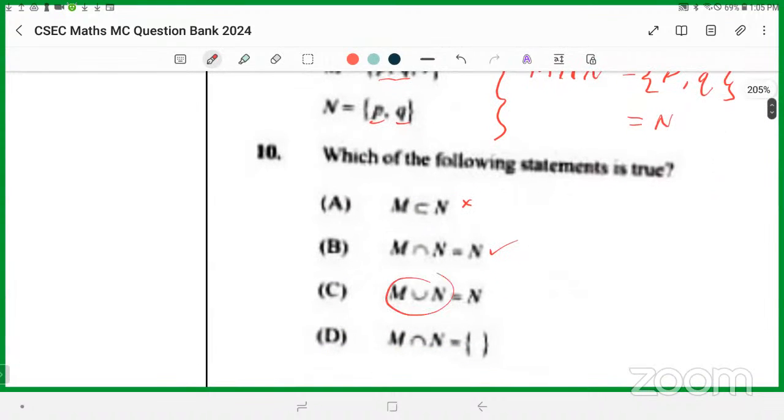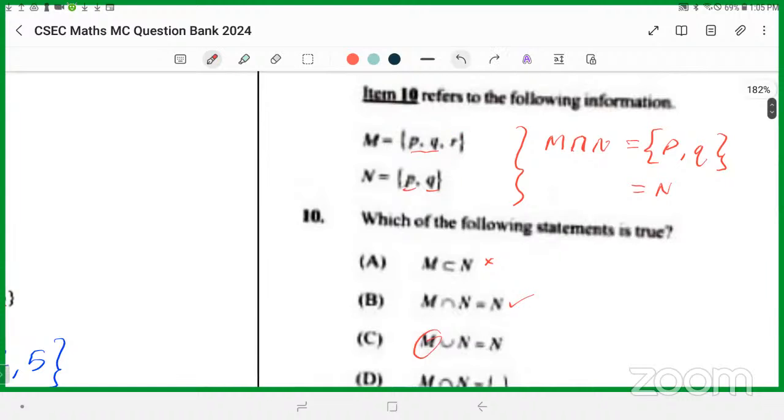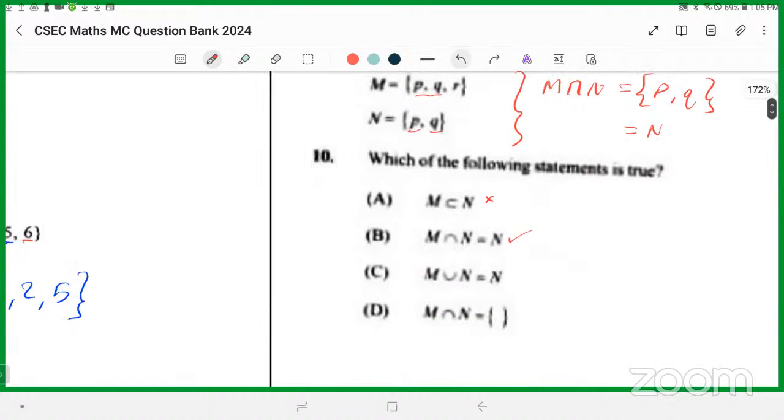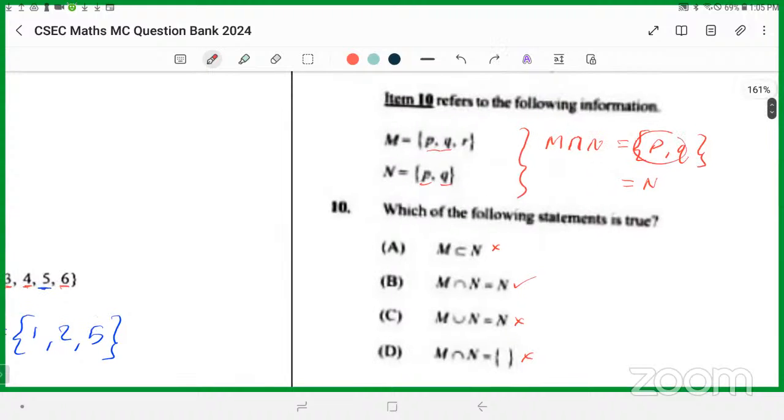This one is not true because the union would include R. And this is saying the intersection is an empty set. This one also is not true because the intersection is actually PQ. So this one is the correct answer. Process of elimination.